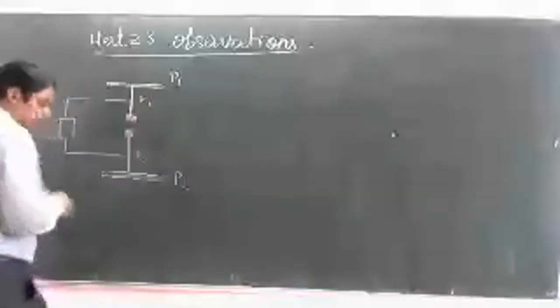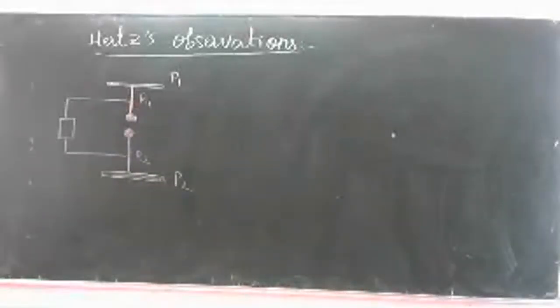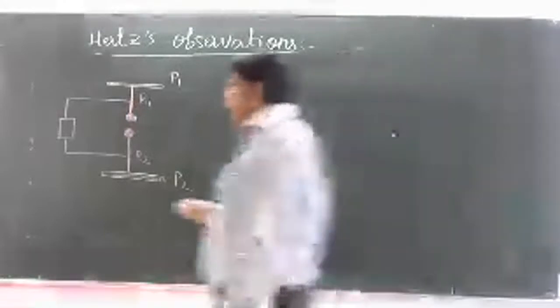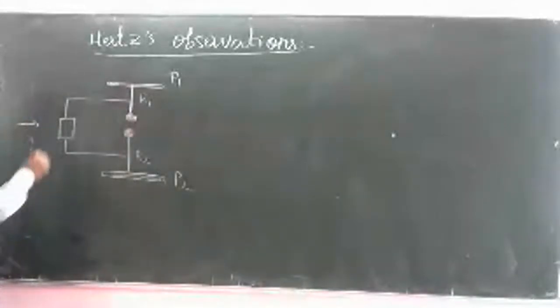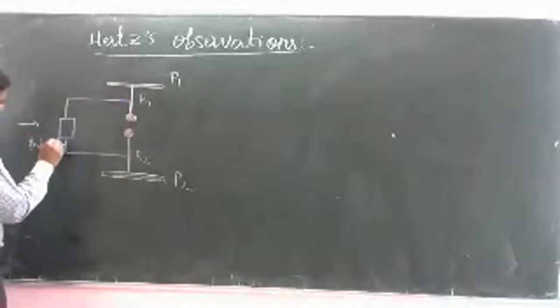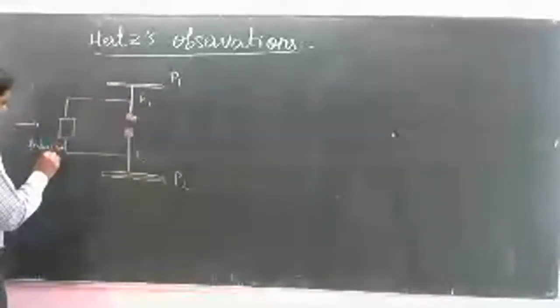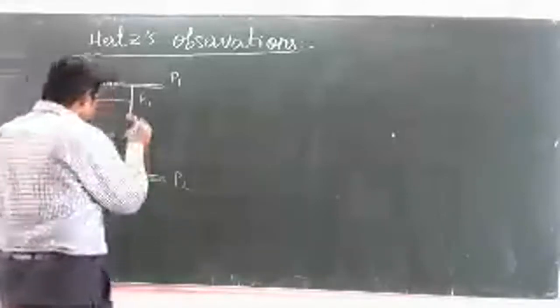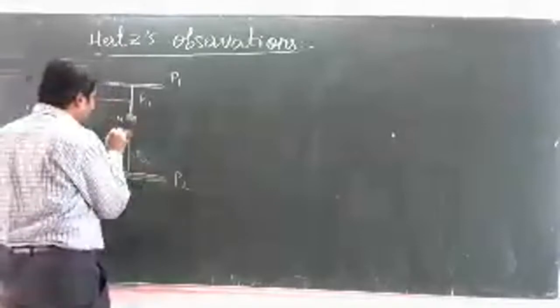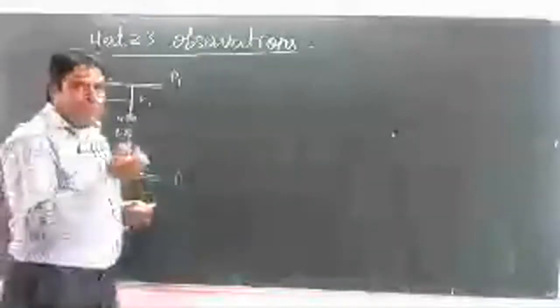This is the induction coil. These are A and B, very nicely polished spheres.